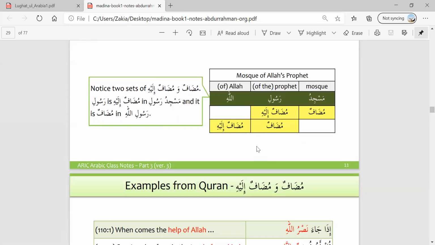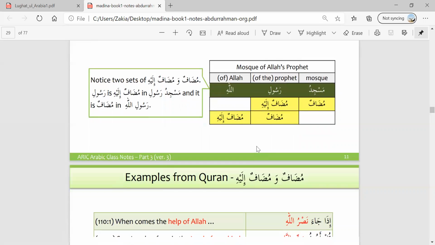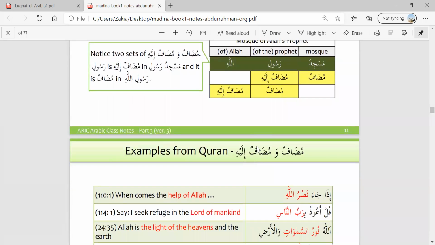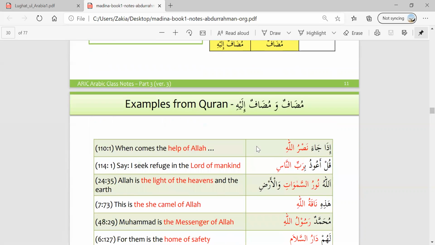So he is the Prophet of Allah. Allah subhanahu wa ta'ala is mudaf ilay, so he is the possessor. So that's two sets of possessed and possessors.